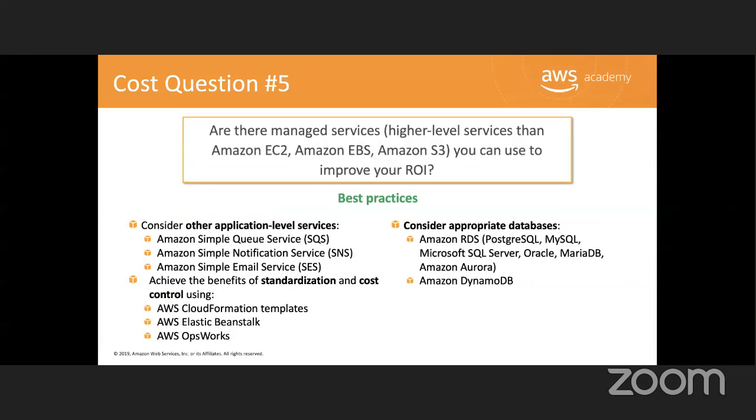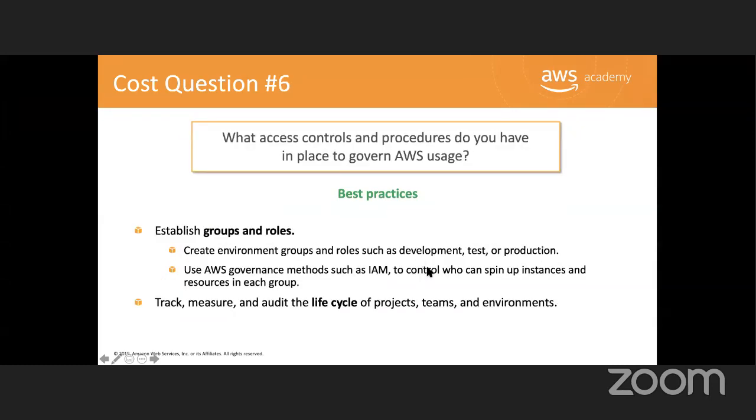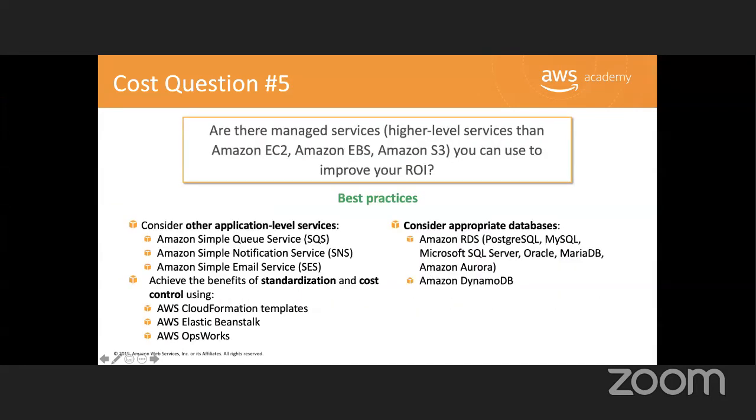Consider appropriate databases: Amazon RDS, Postgres, MySQL, Microsoft SQL Server, Oracle, MariaDB, Amazon Aurora, Amazon DynamoDB. Basically they're telling you to consider everything from Amazon, but you have to see which one is more appropriate for your architecture.